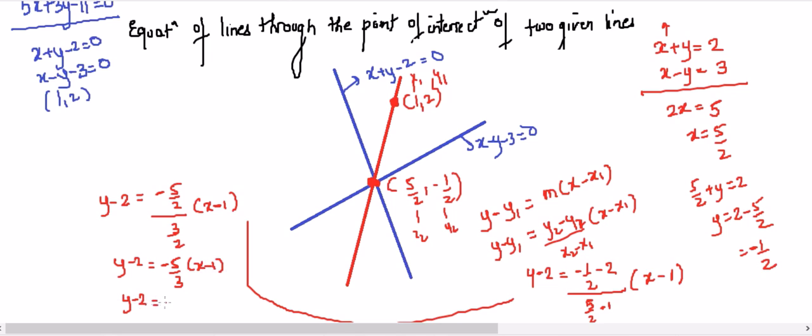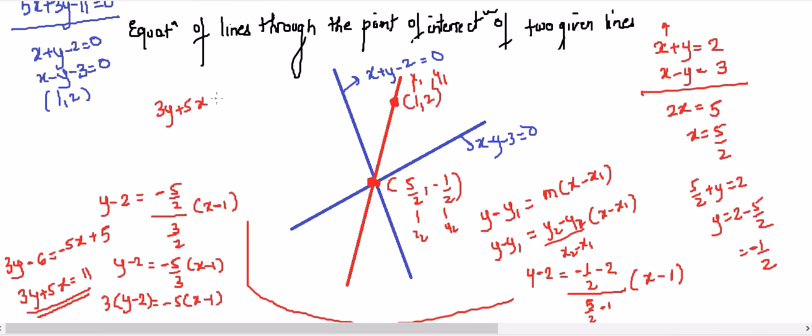Now just cross multiply: you will get 3 times y minus 2 equals minus 5 times x minus 1, and 3y minus 6 equals minus 5x plus 5, or 3y plus 5x equals 11. So this is the required equation, that is 3y plus 5x minus 11 equals 0.